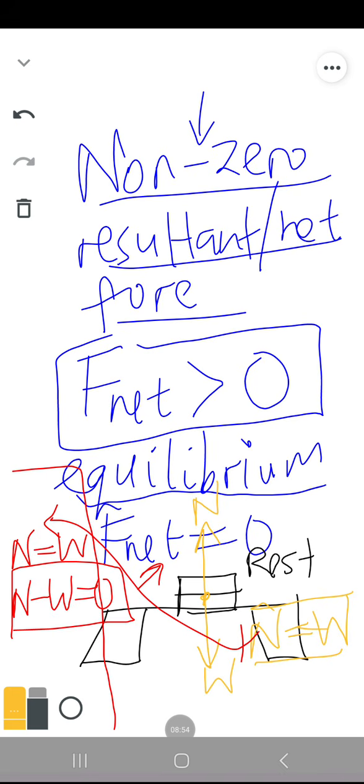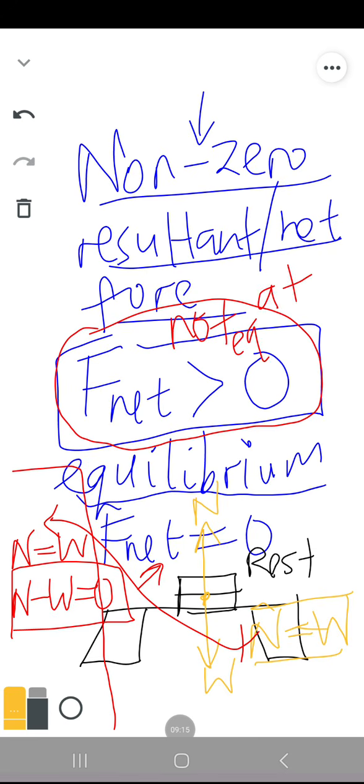Whenever your F net is greater than 0, or F net less than 0, it's also non-zero, which means we can say it's not at equilibrium.